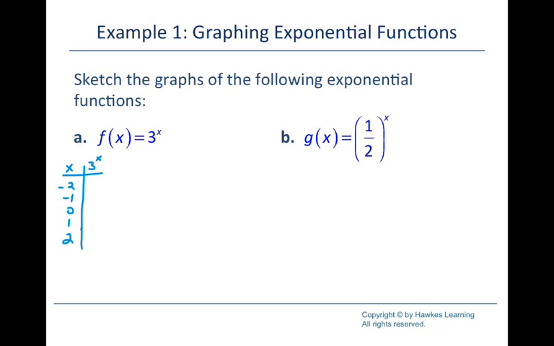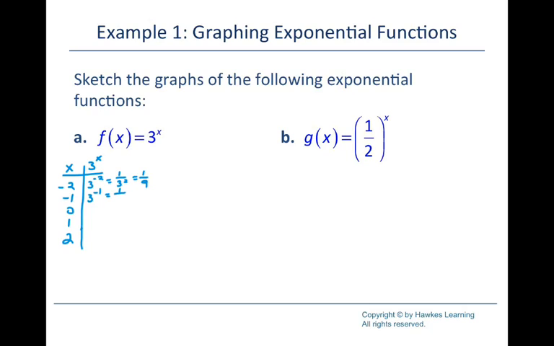Now with exponents, you may or may not remember, if I have 3 to the -2 power, that's the same as 1/3 squared, or 1/9. Okay? If I have 3 to the -1 power, that negative power doesn't make it negative. It puts that number in the denominator.